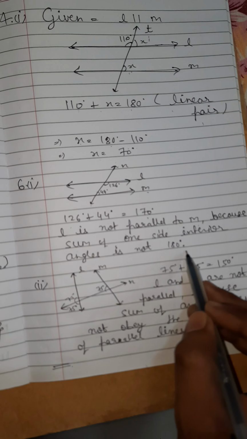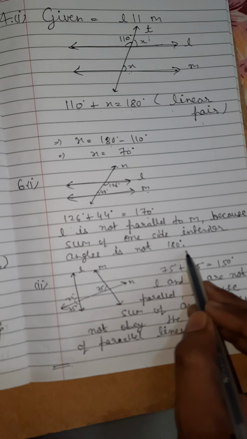Now second number. Here L and M are two lines and N is a transversal line, and given that this angle is 75 degrees and this angle is 75 degrees. If both lines are parallel, then with the help of the corresponding angles property, if this is 75 then this angle will also be 75 degrees.